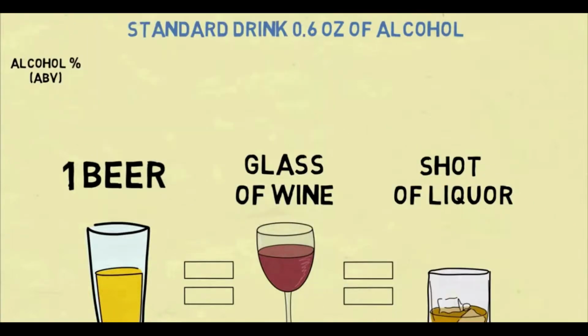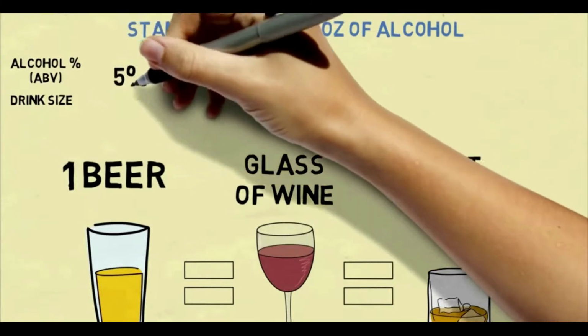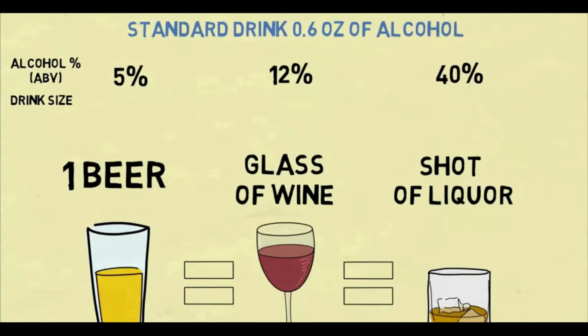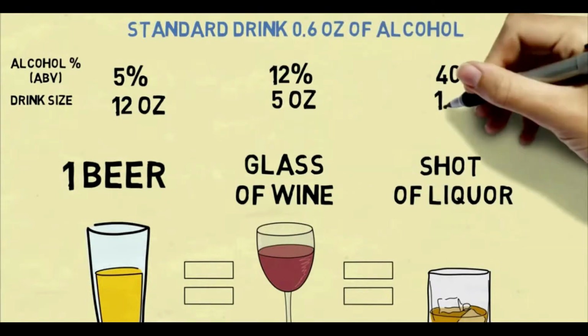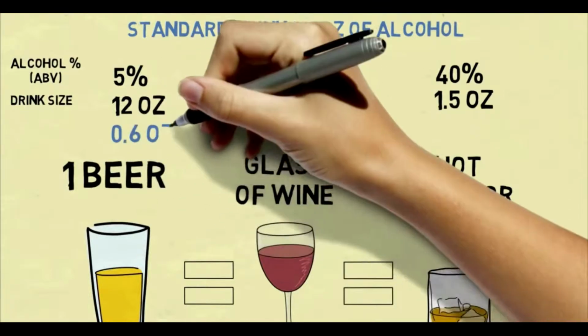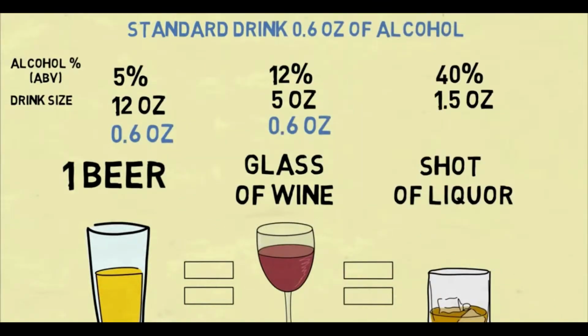We can verify this by looking at the alcohol percentage of each of the drinks, and we'll also write down the standard serving size of each of these drinks. When we multiply the alcohol percentage by the drink size, we find that each of these drinks contains the standard 0.6 fluid ounces of alcohol.